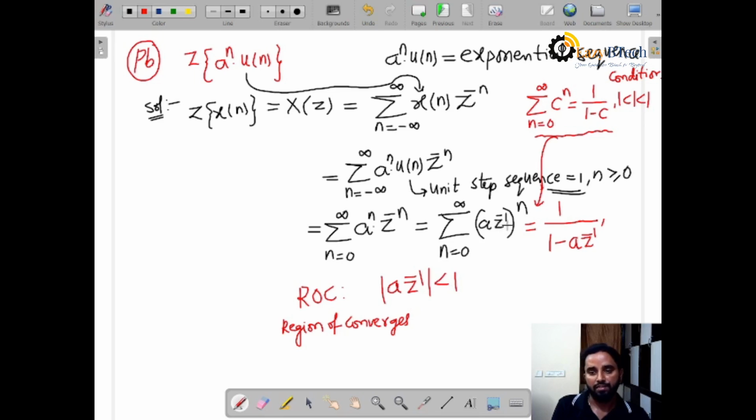This condition is called ROC, region of convergence. In the place of c we have a z inverse, by comparison. So this is called ROC.